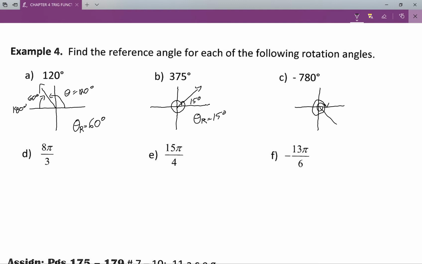So that means that negative 60 degrees will look like that. But we're just reading the angle from the x-axis to the terminal arm. So my reference angle is going to be equal to 60 degrees. Not the negative 60 degrees, it's going to be equal to 60 degrees.